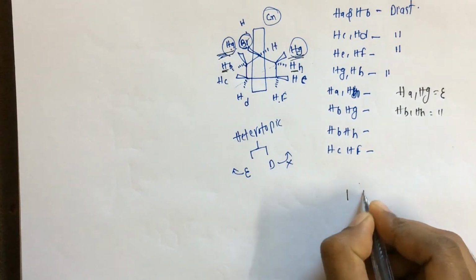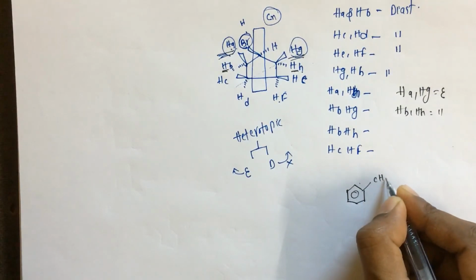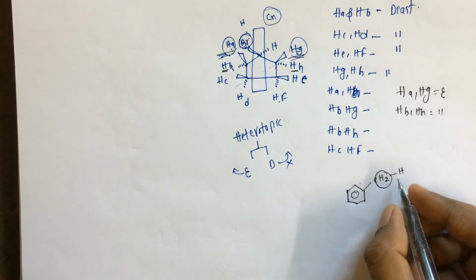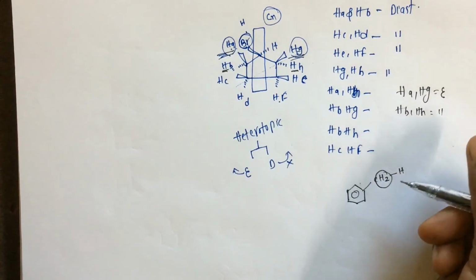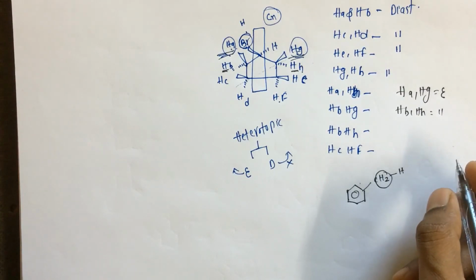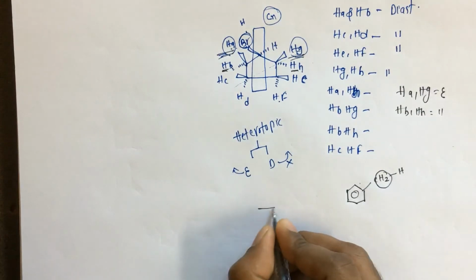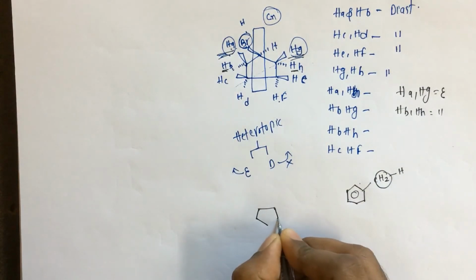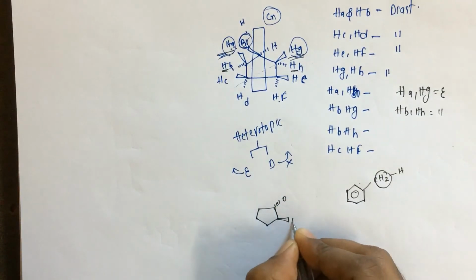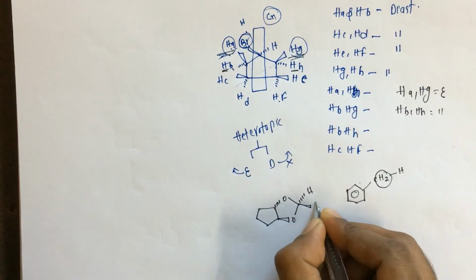And then, what about toluene? The two hydrogens are homotopic in nature, because even if you substitute, you will get the same compound. You can't differentiate the compound, so that's why this is homotopic in nature. And then we can draw this example: oxygen here, and here also oxygen, hydrogen and hydrogen.